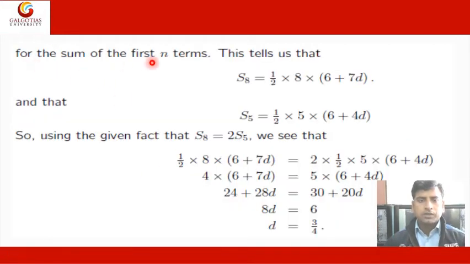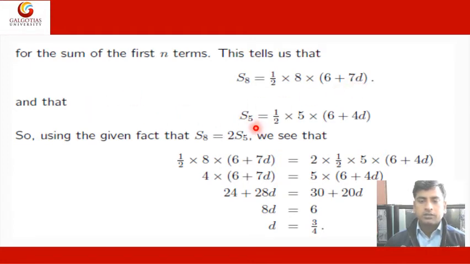For the sum of first n terms, this tells us that S8, that means sum of first 8 terms, is 1 by 2 into 8 into 2a, that is 6, plus n minus 1 into d, where n is 8, so 8 minus 1, that is 7.